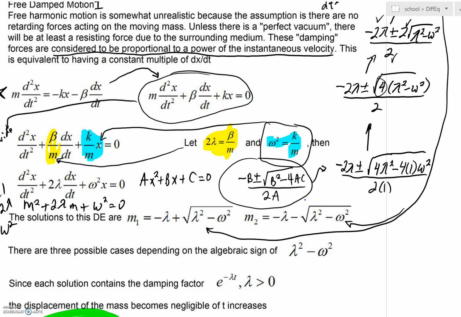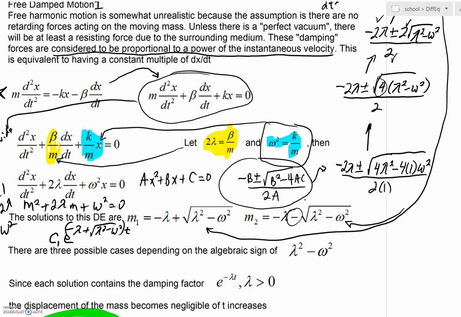Looking at just the first solution, we'd have C1 times e to the negative lambda plus the square root of lambda squared minus omega squared, all times t. And then, of course, we would have the subtracted form with C2.